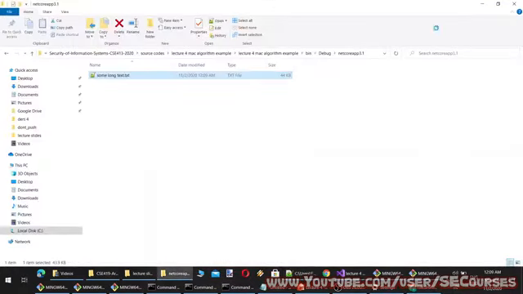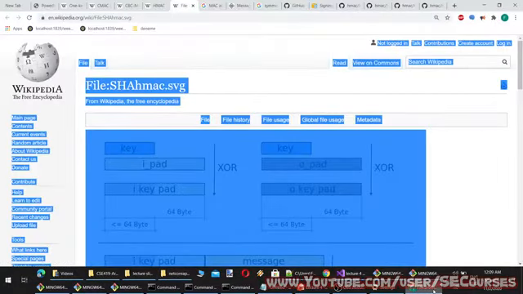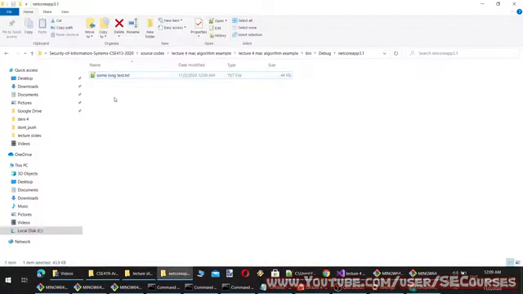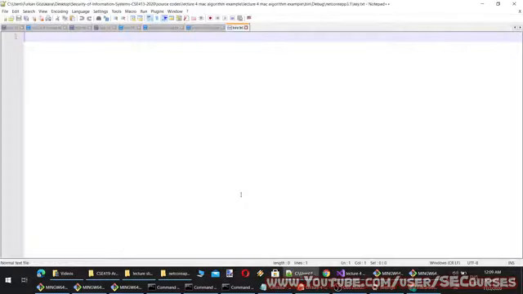Okay, so this long text is about 44 kilobytes. It could be 44 megabytes as well. Then I'm going to have a key, and let's say this key.